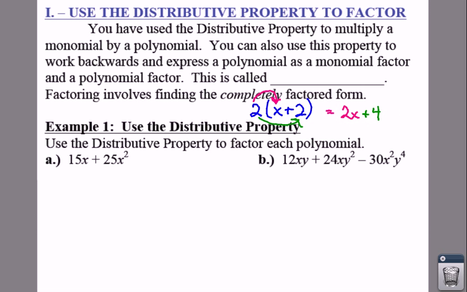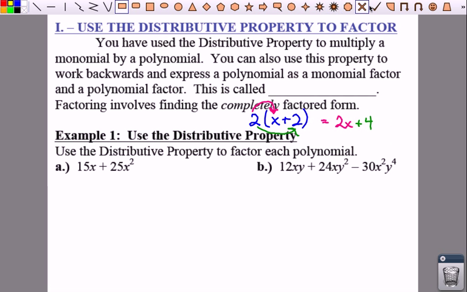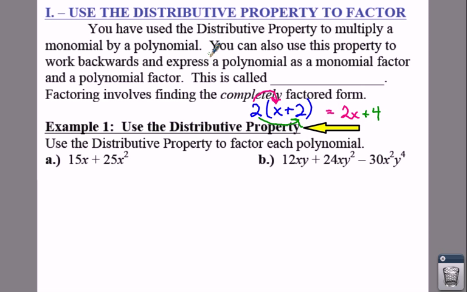Well, today we're going to start with what we have on the right and move back in this direction. So you're actually going to be doing the opposite of what we did in the first half of chapter 8.